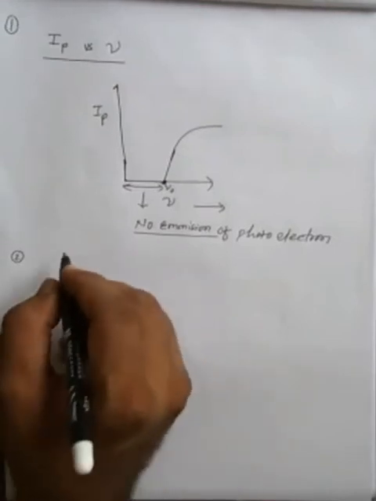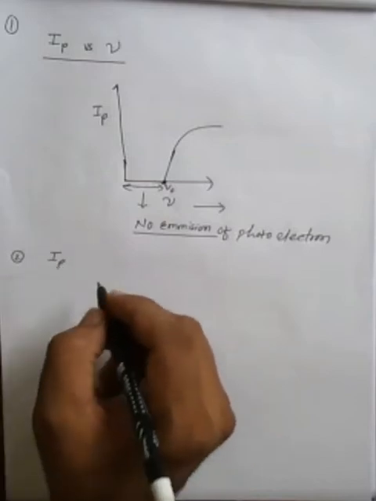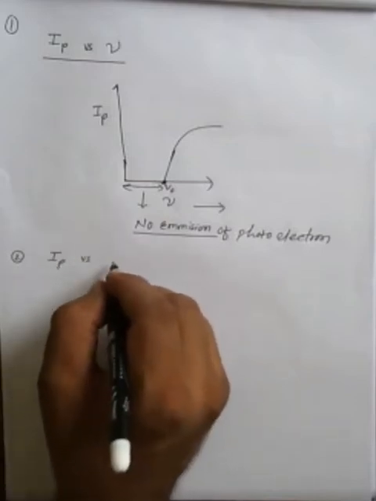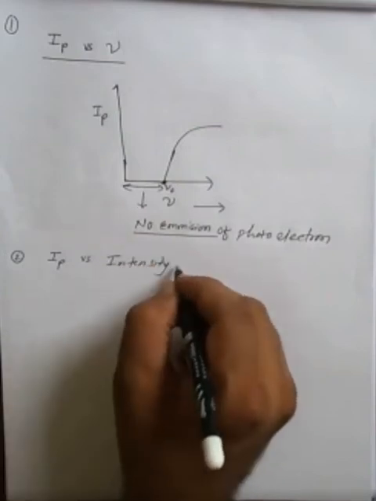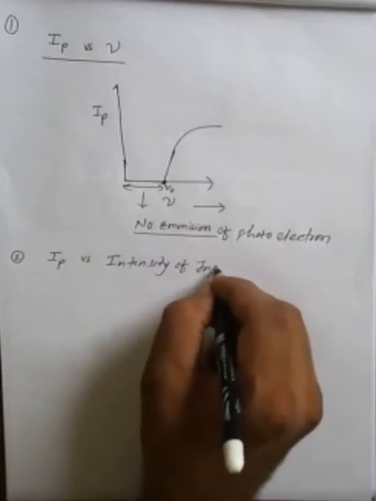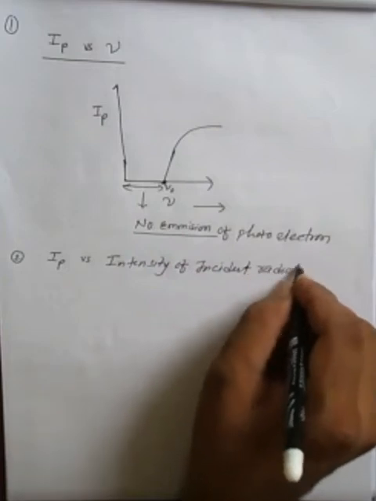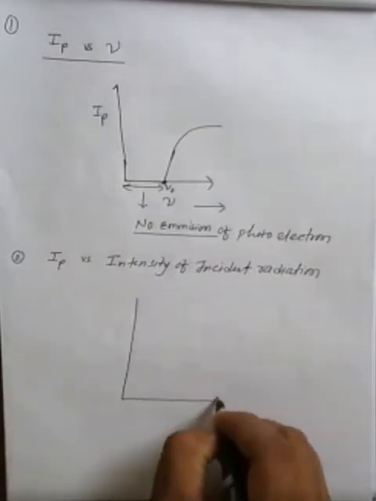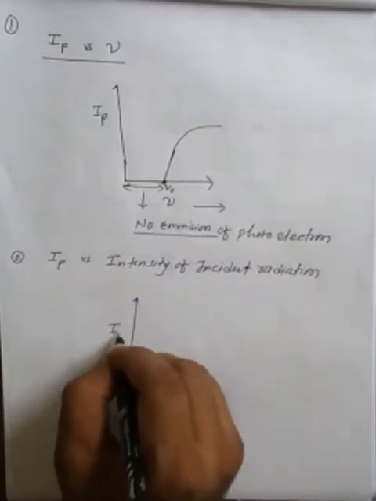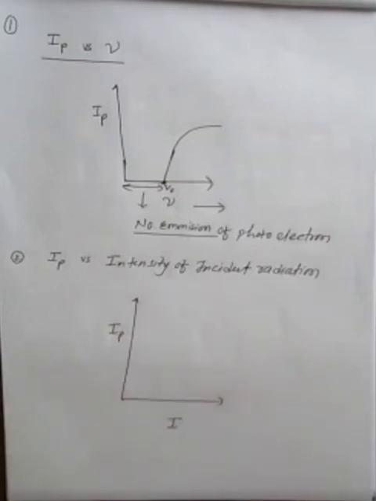The second result was the variation of photoelectric current versus intensity of incident radiation. And they plotted IP versus intensity of incident radiation for a given material.